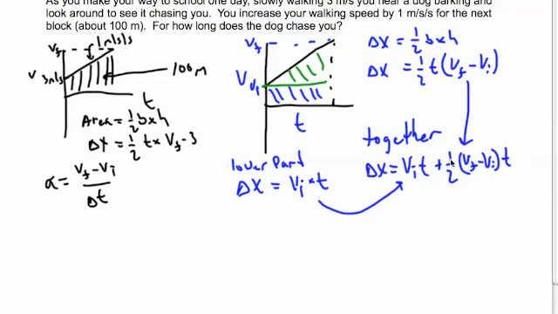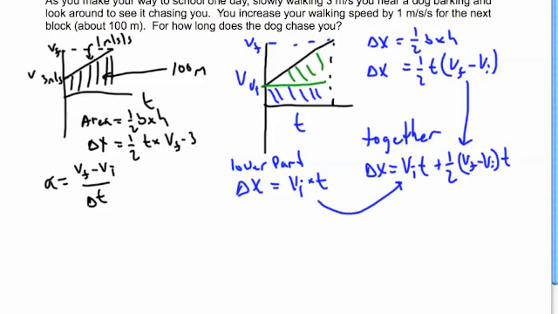Now, I want to look carefully at this part here, because what we're going to do is use the acceleration formula, and notice that VF minus VI is equal to AT.